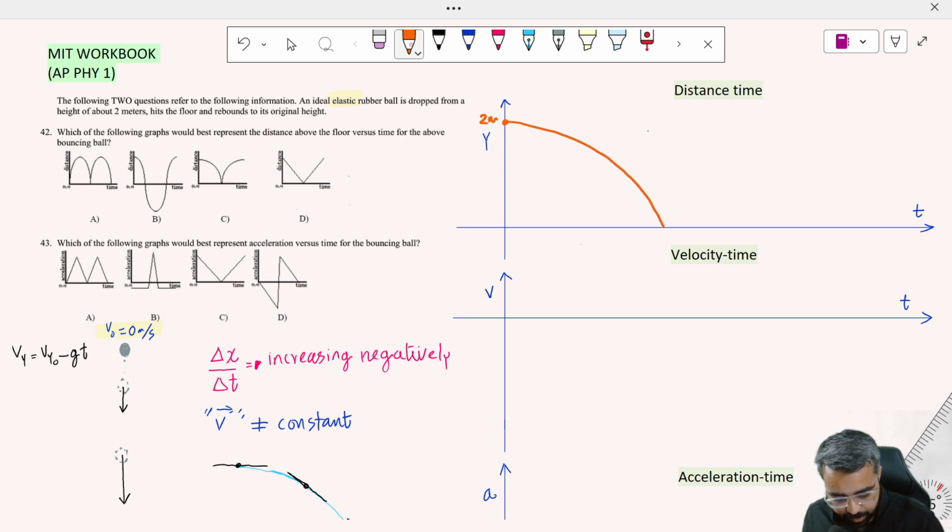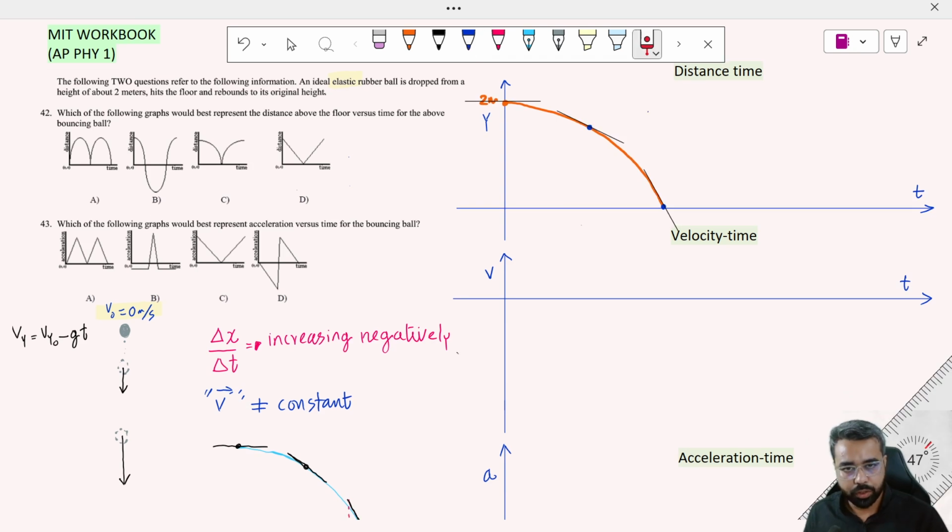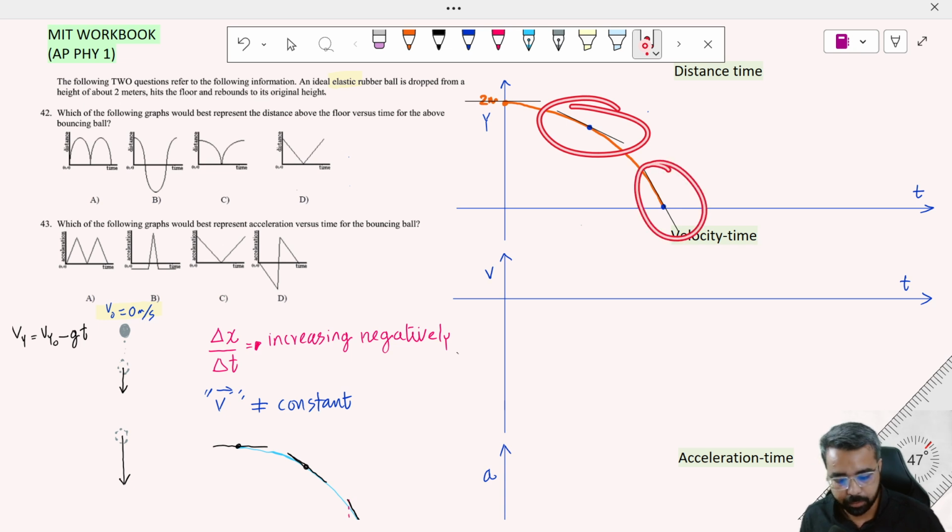Right at this point, dear students, if I draw the tangent, I hope you now understand it much better. At time t equals 0, the tangent line is horizontal, so velocity is 0, then velocity increases, and is maximum just before hitting the ground.